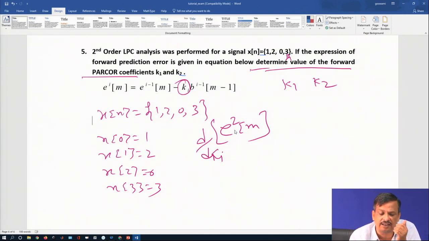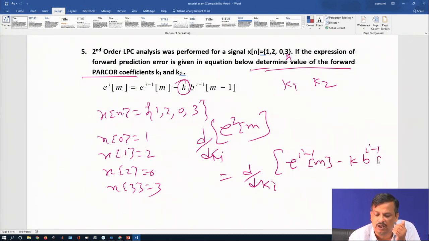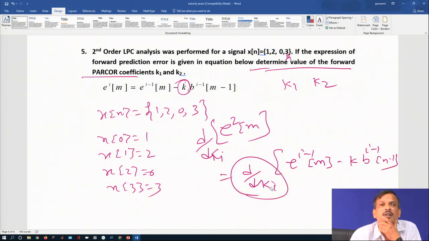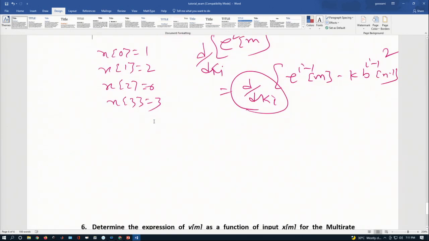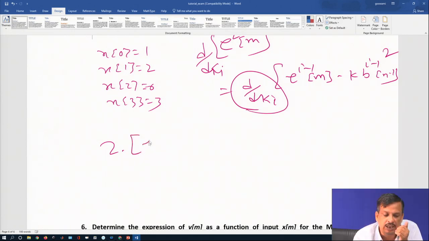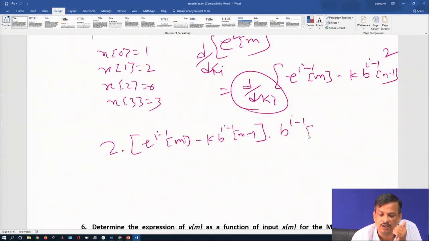I know that this is d/dki of [e_{i-1}(m) minus ki b_{i-1}(m-1)] squared.